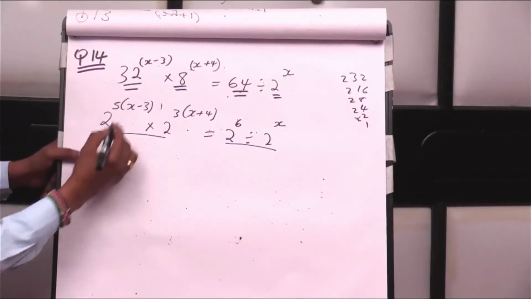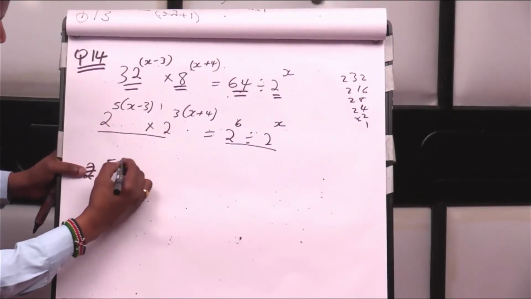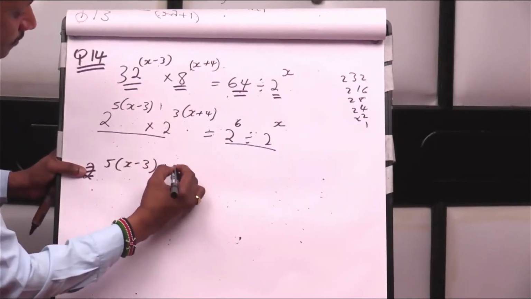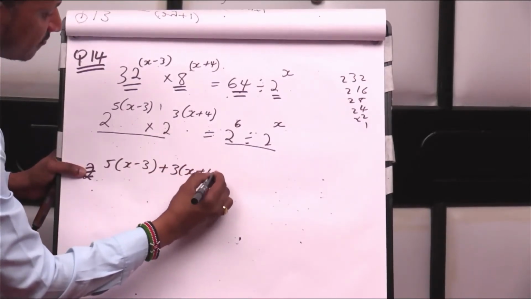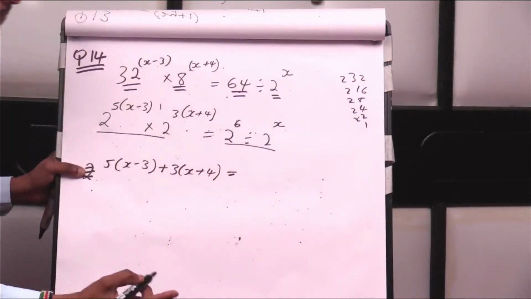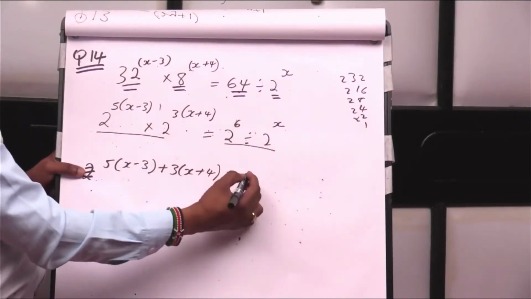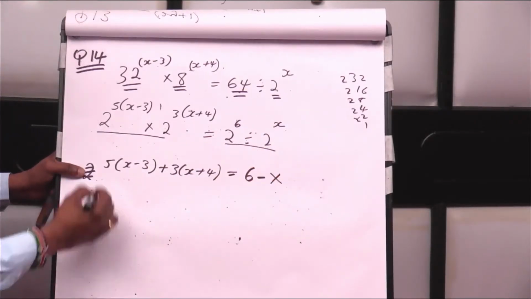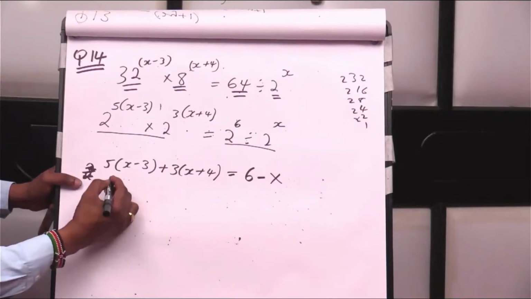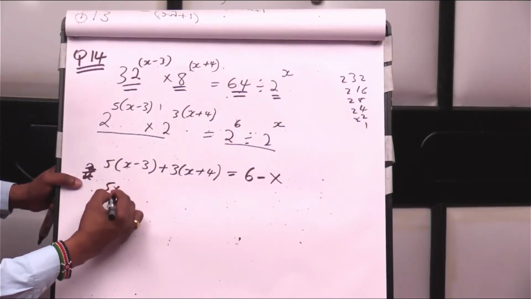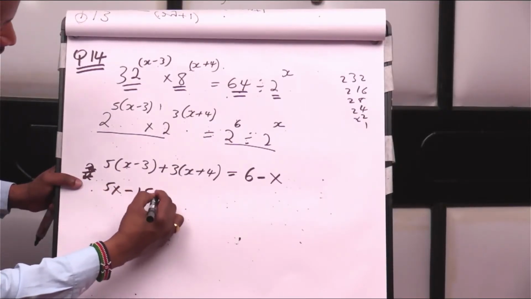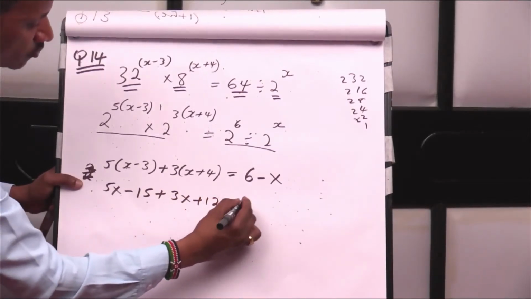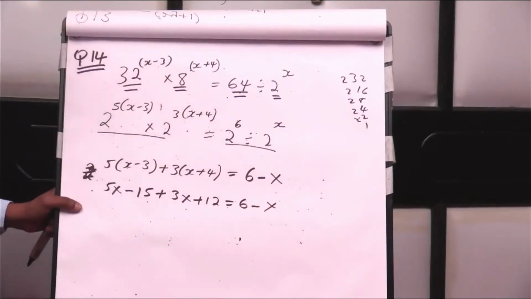So this becomes 5(x-3) plus 3(x+4) equals, when it is division, you do the opposite and subtract the powers, 6 minus x. Open the brackets: 5x minus 15 plus 3x plus 12 equals 6 minus x.